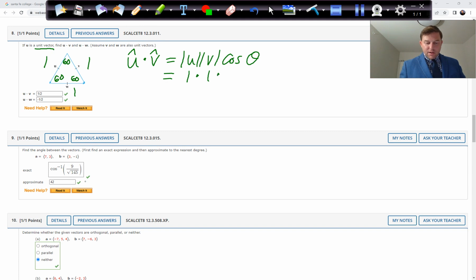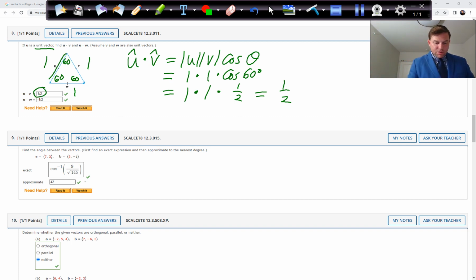And the angle between them is 60 degrees, and you can look up 60 degrees on the unit circle, it is 1/2. So we get 1 times 1 times 1/2, so the whole thing is just 1/2. Now that's u dot v, that's these two right here.